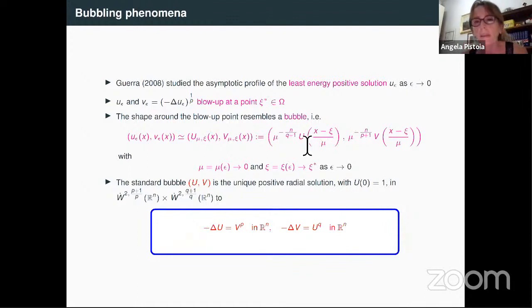These are obtained by capital U and capital V by scaling and translation. And capital U, capital V, this red pair, is the unique positive radial solution to this system in the whole space R^n.